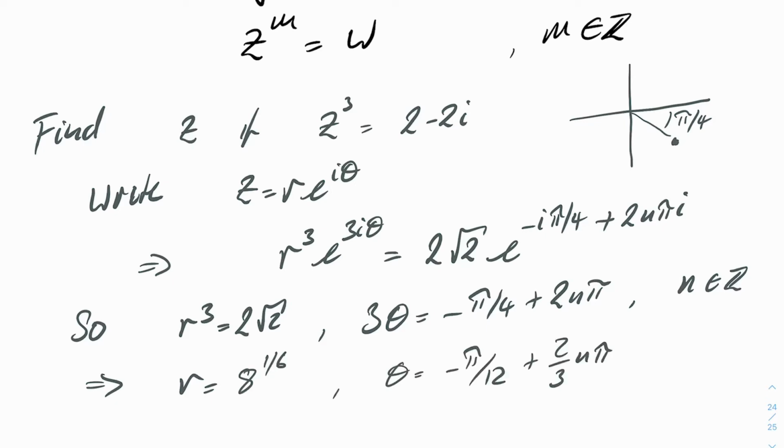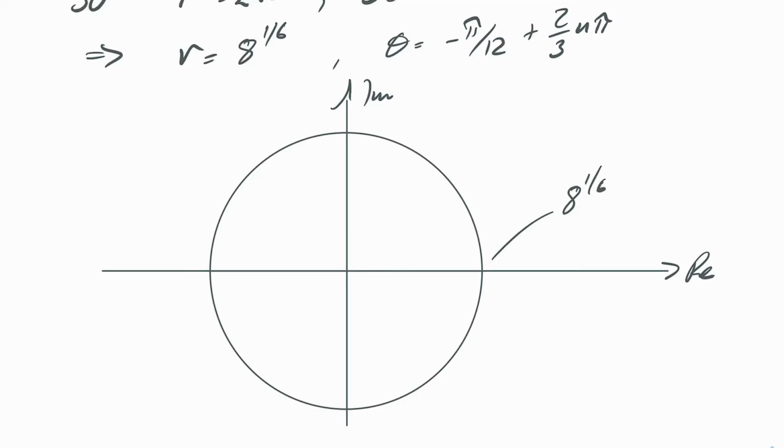As n varies over the set of integers, there are 3 distinct roots. Z is a set of points on a circle of radius 8 to the 1/6, so that is where all these solutions lie. So z is a set of 3 points on this. The principal value is below the real axis with an argument of minus pi by 12.